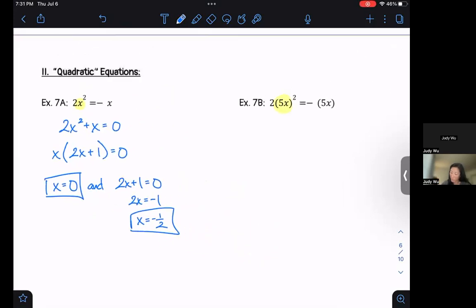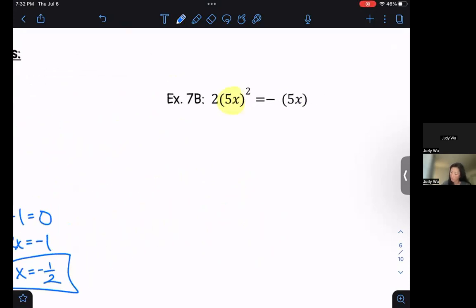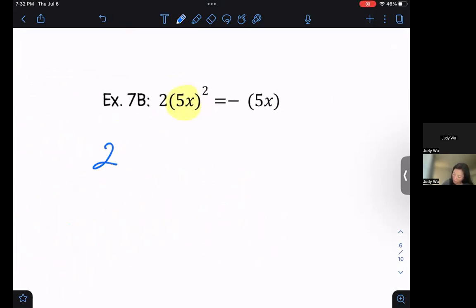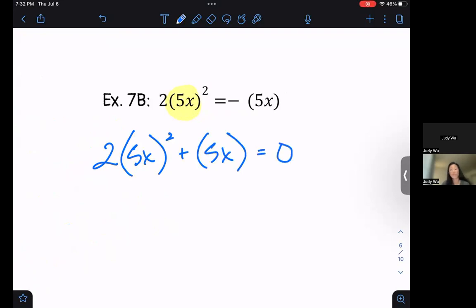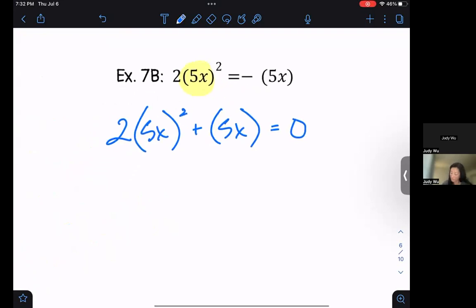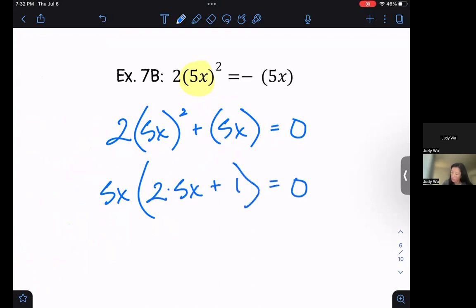All right, we're going to follow the same procedure for 7b. Okay, so we are going to move everything to one side, set it equal to 0. And we're going to factor. This time, we're factoring out a 5x. And I'm left with 2 times 5x plus 1 equals 0.